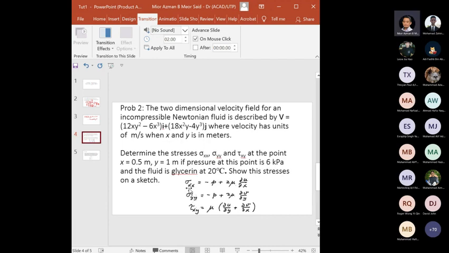All right, so these are the formulas given to you. The normal stress is given by negative P plus 2 times the viscosity times partial u over partial x. And this is the shear stress, which we used the formula for in the last problem.